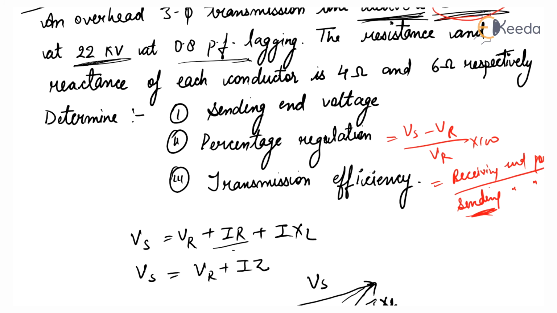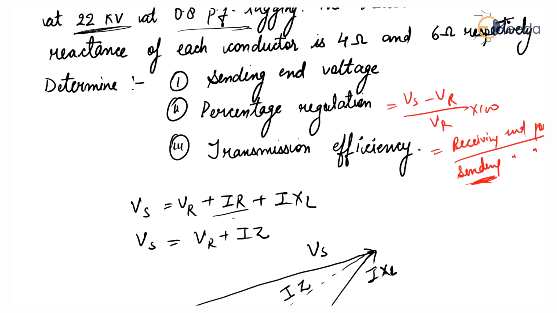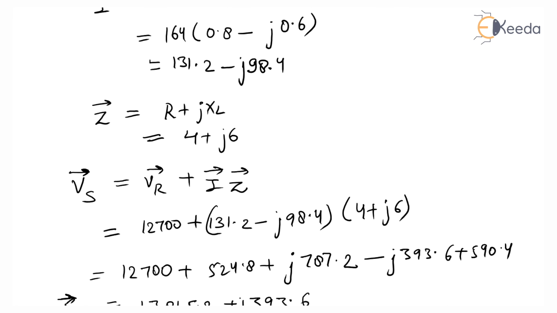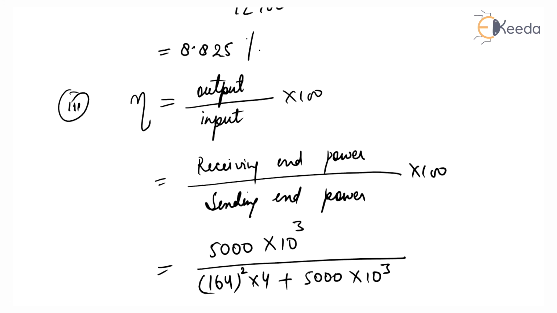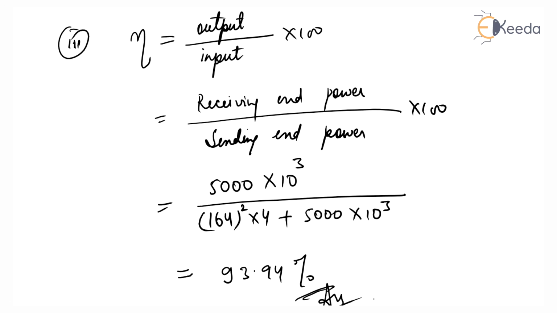So line losses is equals to, sorry, I made a mistake. This is 3I square R, because line losses for three phase line is 3I square R. So 3 into 164 square into 4, so this is equals to 93.94%.